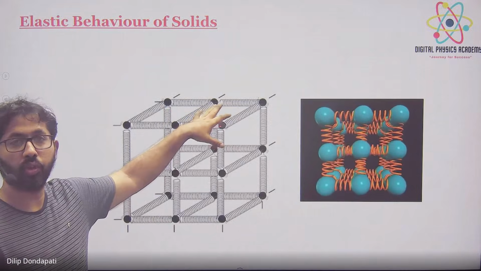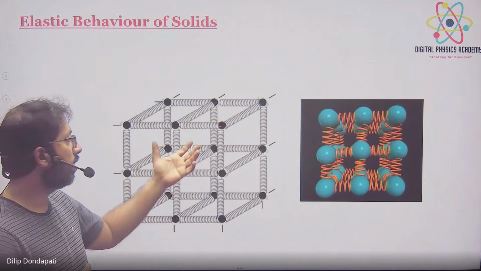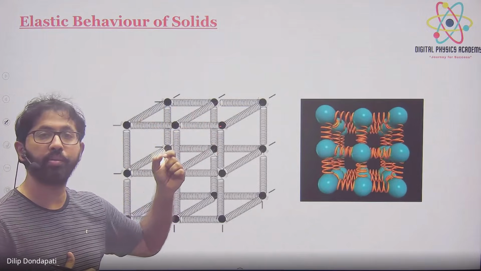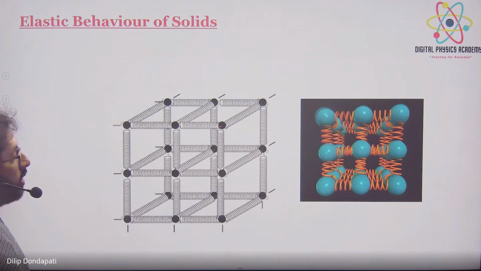The force of attraction we call a spring. So when you apply a deforming force, the solids also have a little bit of compression always. This property we call as elasticity.